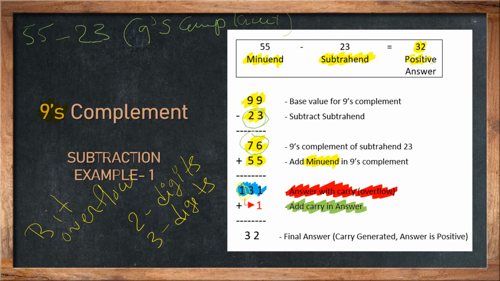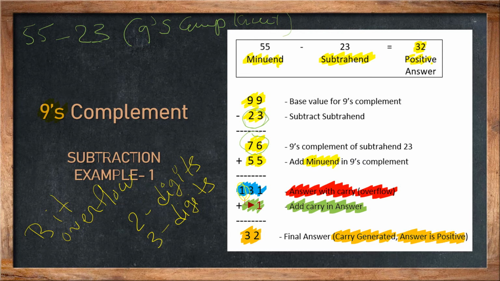We take this 1 and perform 31 plus 1, and we get the answer 32. Remember the rule says if a carry is generated, the answer is positive.